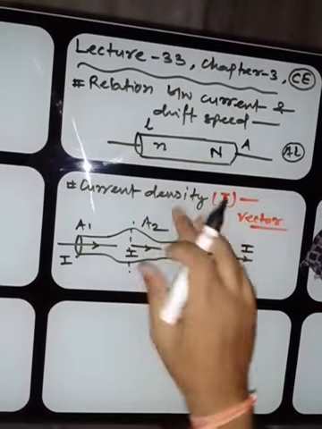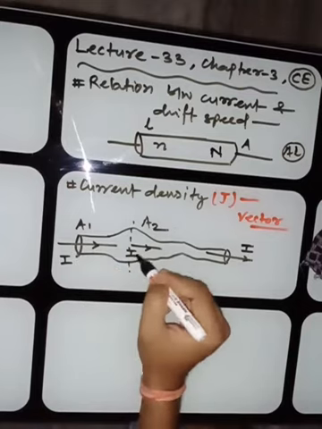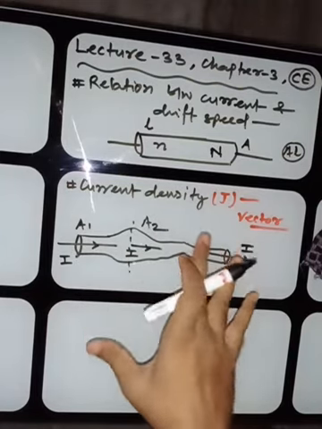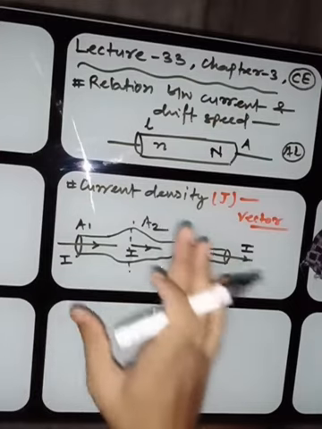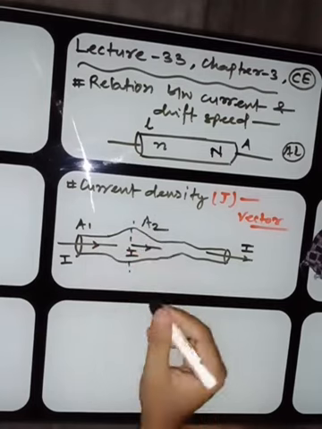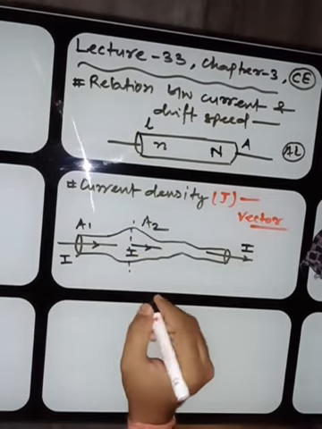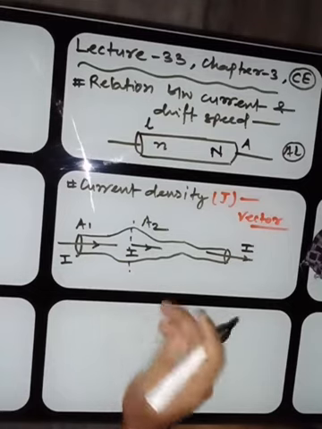It means the density at this point and the density at that point will be different, and that is considered the electric current density. If you want to write the definition of current density: it is the electric current per unit cross-sectional area.